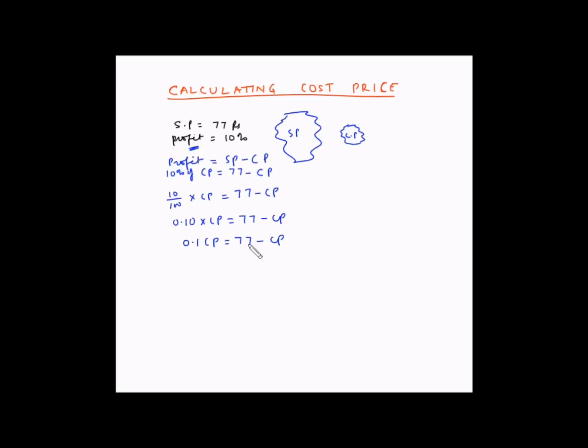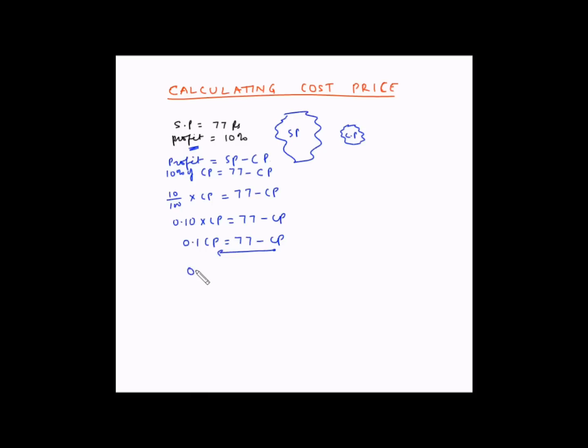Now let's bring this cost price on this side. So we'll have to change the sign in front of that variable, which is currently negative, and when it comes on the other side it will become positive.